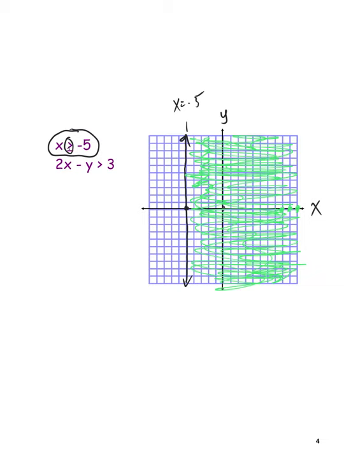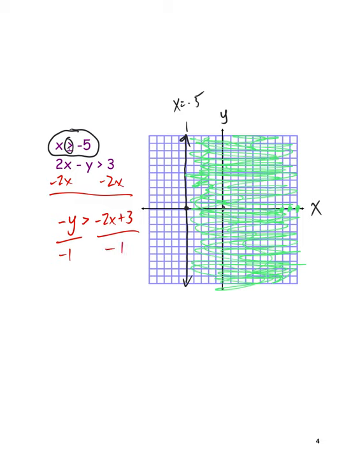So now I'm going to solve this second equation for y. And this is a little more complicated because I subtract the 2x from both sides, and that gives me -y is greater than -2x plus 3. Well, I don't want -y, I want y, so I actually have to divide by -1, and what's done onto one side must be done onto the other side.